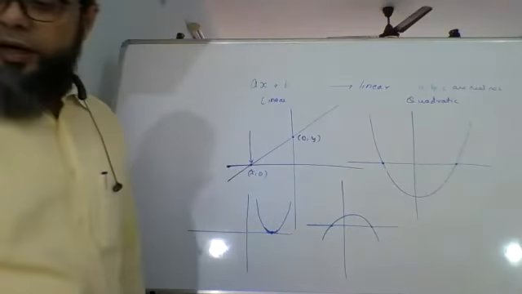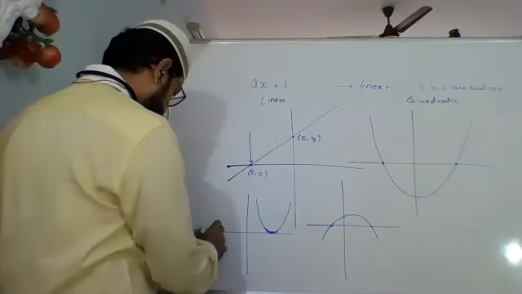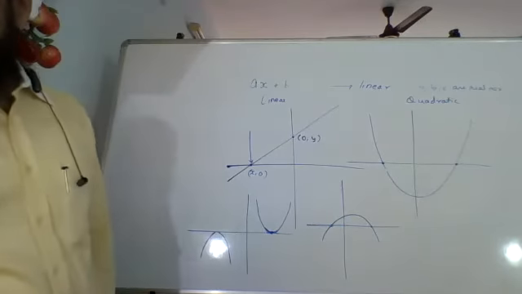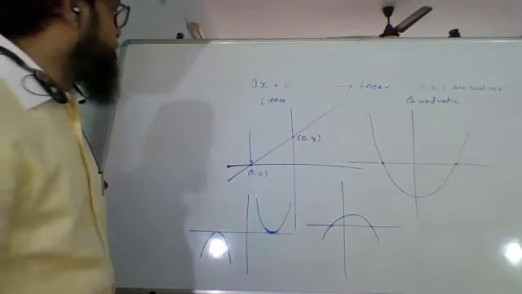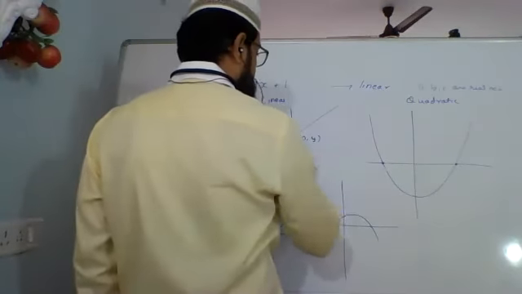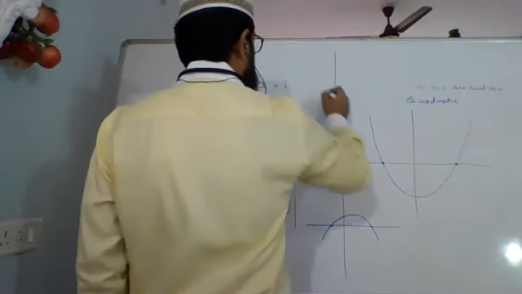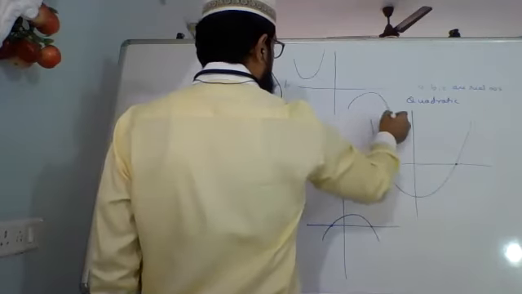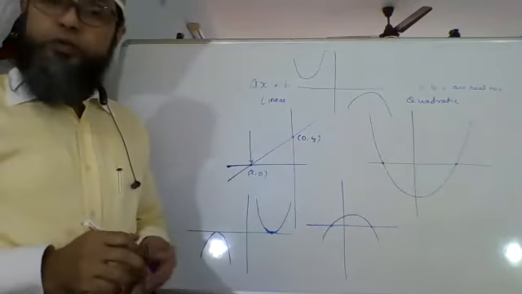It can touch like this, or there might be some situation where it does not cut the x-axis at all. The parabola might be somewhere here or here. That is also possible.